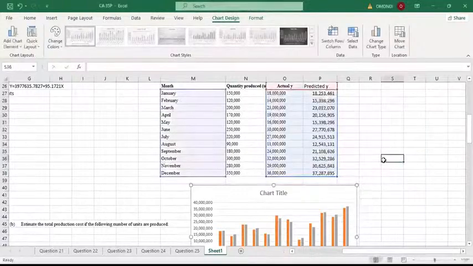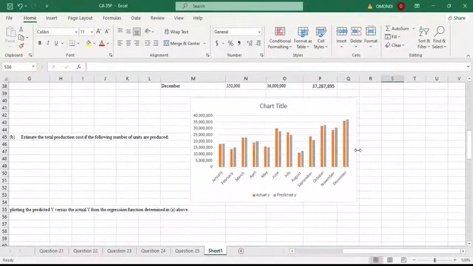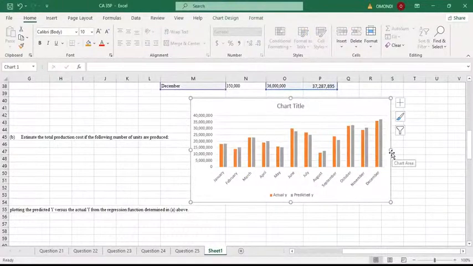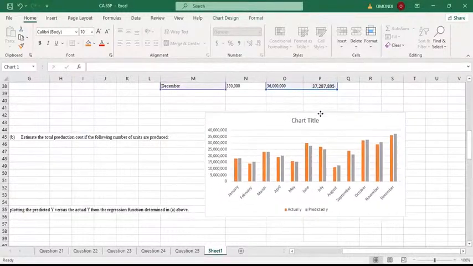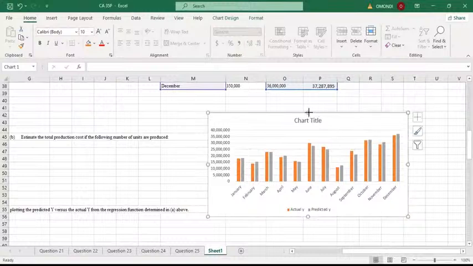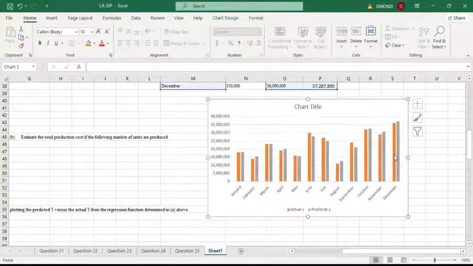Then I have that. My data is now perfect. I am comparing actual versus predicted in that format. That is what you were expected to do in that question.